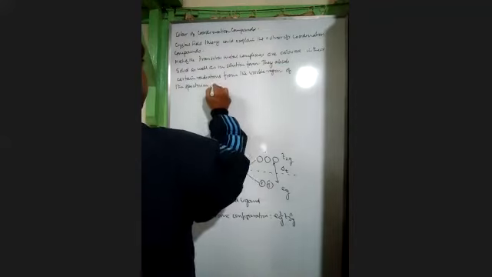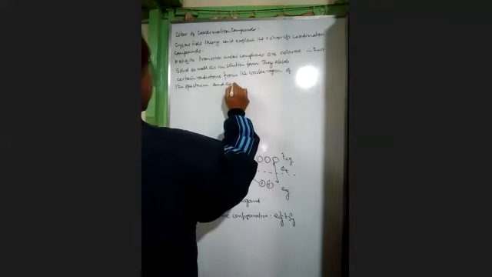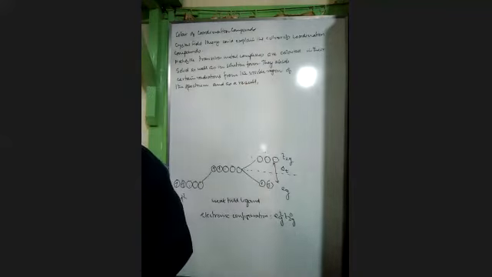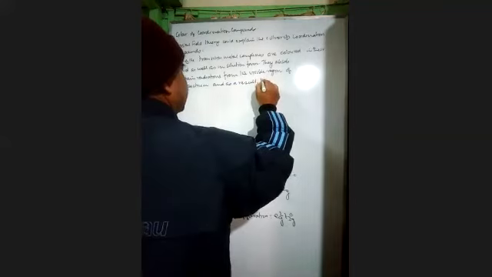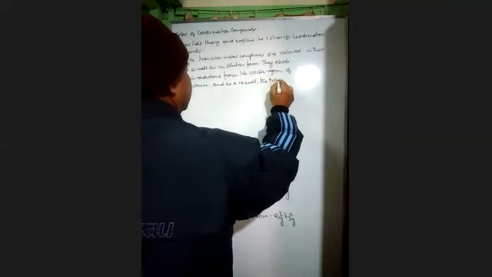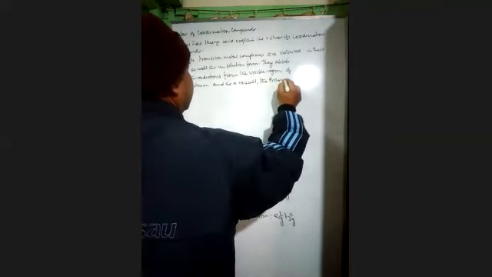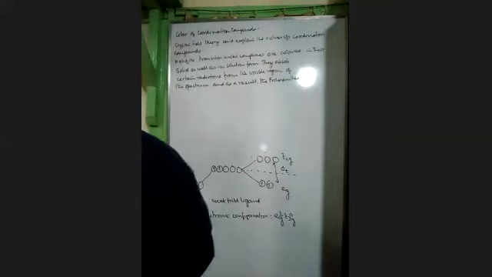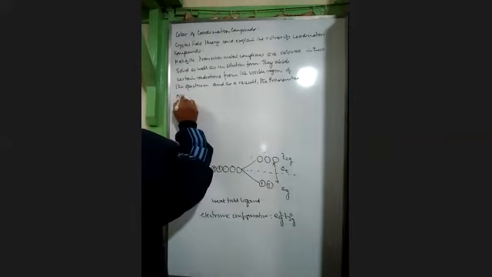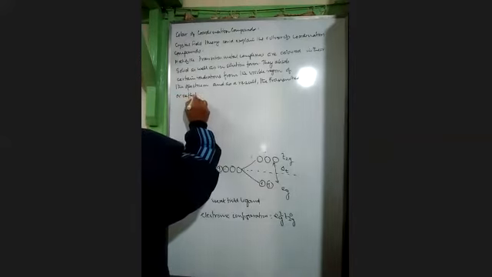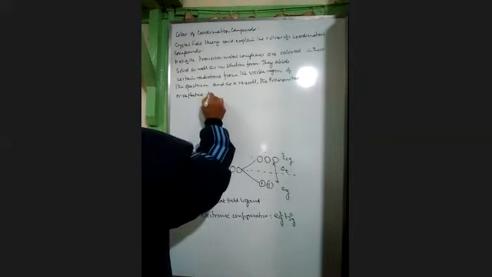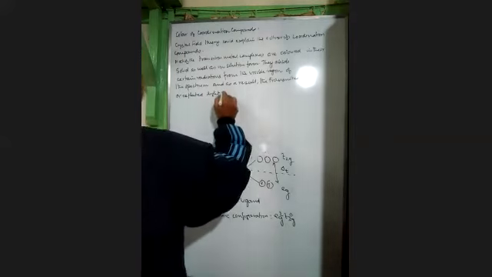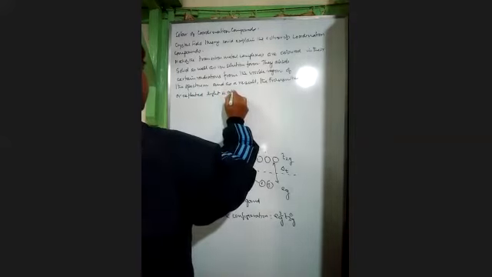And as a result, the transmitted or reflected light is colored.